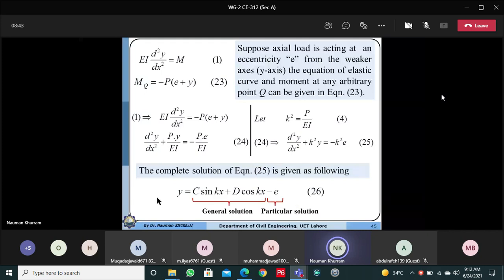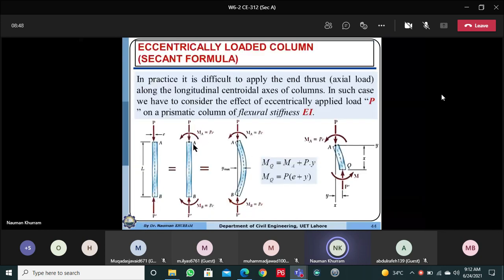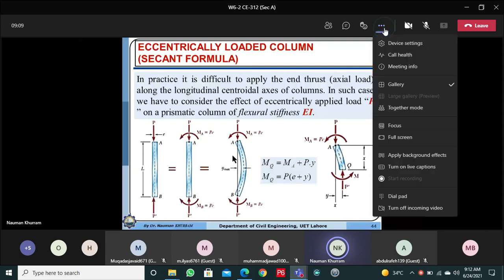In an eccentrically loaded column, due to eccentricity, the column is subjected to bending moment along with axial forces. When we increase the load, this bending moment also increases, and this increases the lateral deflection. The lateral deflection keeps on increasing or magnifying with the increase of load in a quadratic pattern.